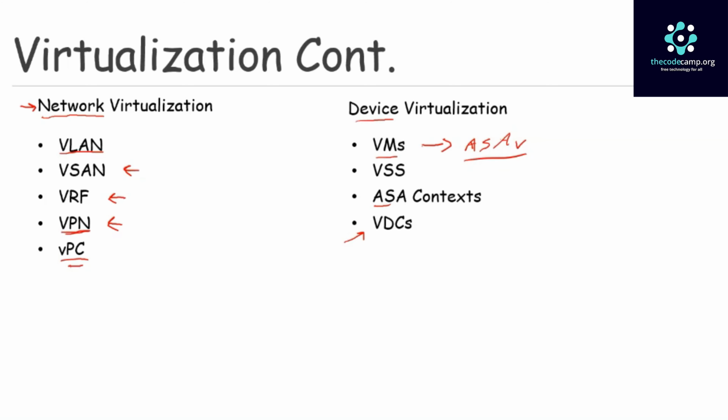You don't need your physical ASA to be able to have ASA services and provide those services to your data center. You can spin this up in the cloud if you want, in your Azure or your Google Cloud, your AWS, and be able to have your services provided by an ASA in that kind of environment without having a physical appliance there. VSS is the virtual switching system.